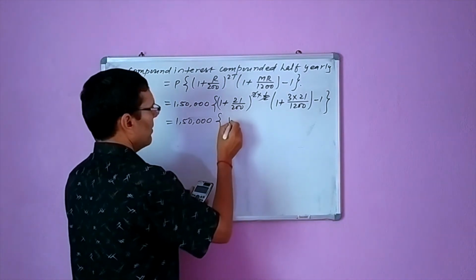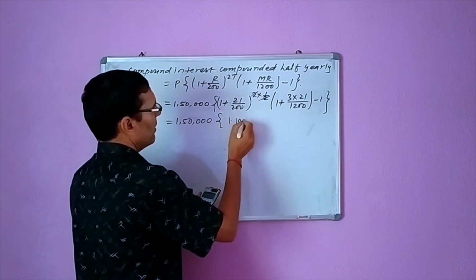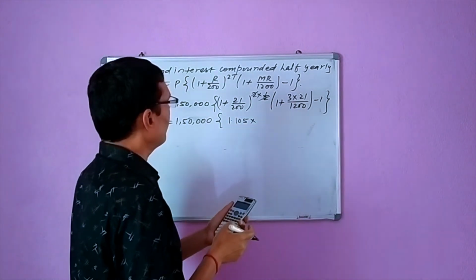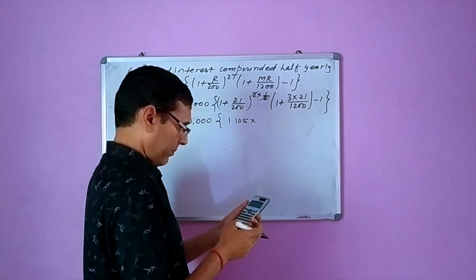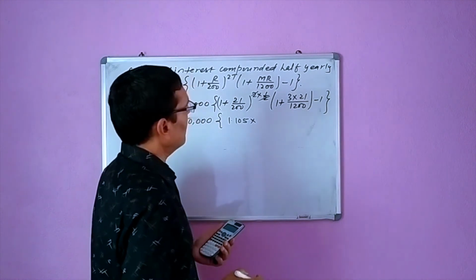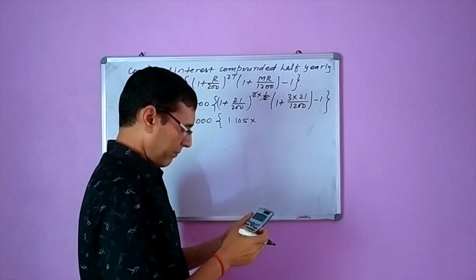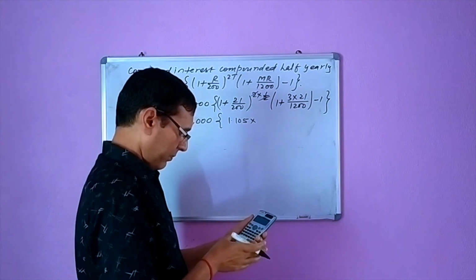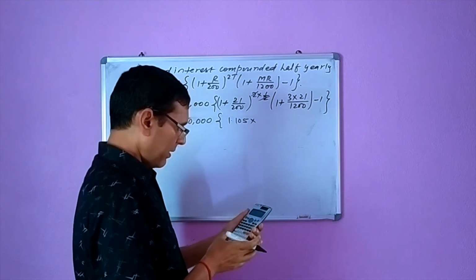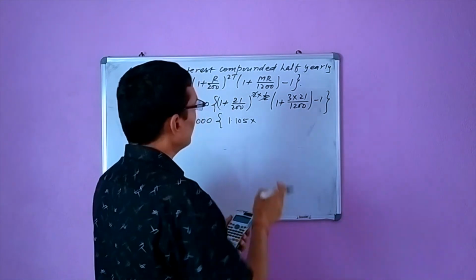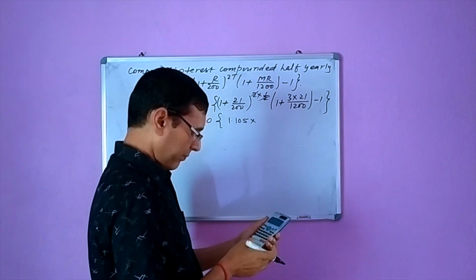It gives 1.105 this side, and here this is 63 divided by 1200 plus 1.